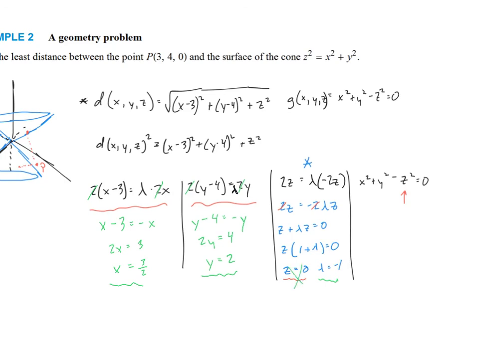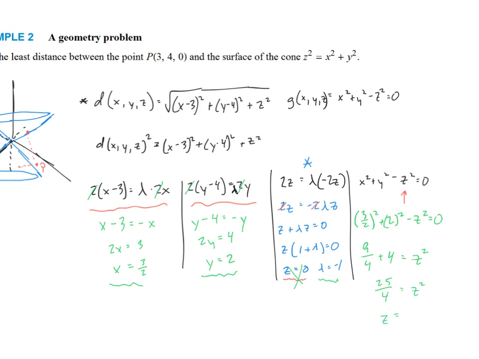That doesn't work. And so now we go over to our constraint, and if I substitute 3 halves for x, and I substitute 2 for y, we can then solve for z and get our third coordinate. Simplifying that, we would have 9/4 plus 4 is equal to z squared. 9/4 plus 16/4 is 25/4 is equal to z squared.